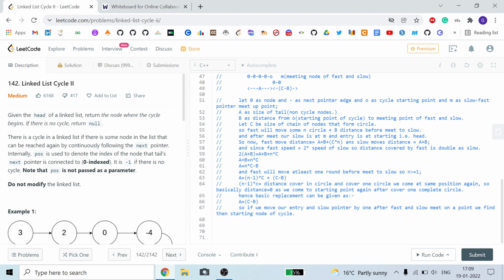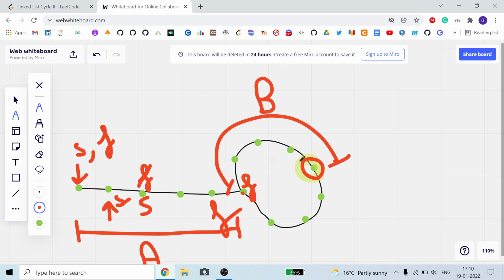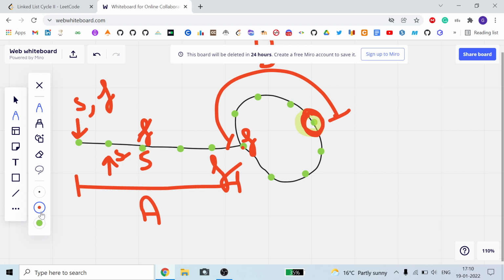As you all know, to detect a cycle in a linked list, we move slow by 1 next and fast by 2 next, then we will find a node where slow is equal to fast. So let this be the node where slow is equal to fast, and let this length be a, this length be b, and suppose the size of the circle is equal to c.